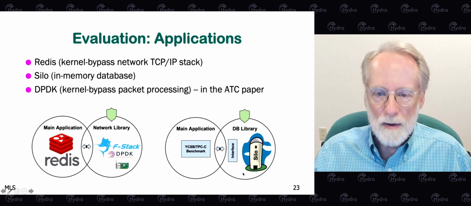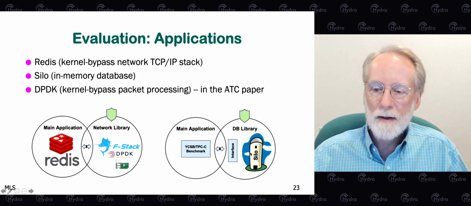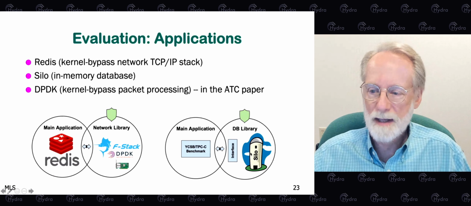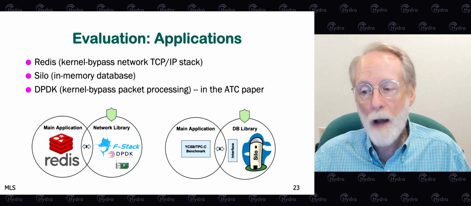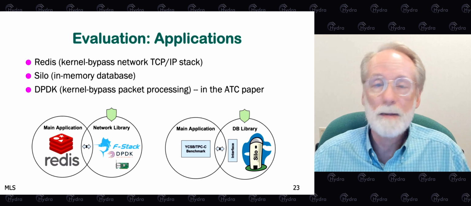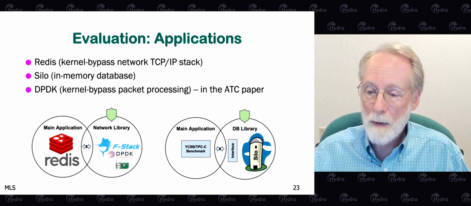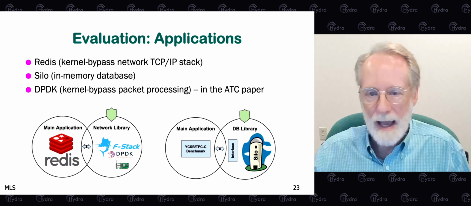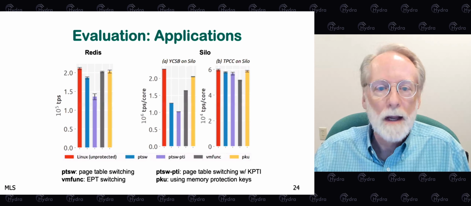We use it as an in-memory key value store and an in-memory online transaction processing interface. And then on top of it, we ran the YCSB and TPC-C benchmarks to evaluate the cost of using this in-memory database as a protected library.